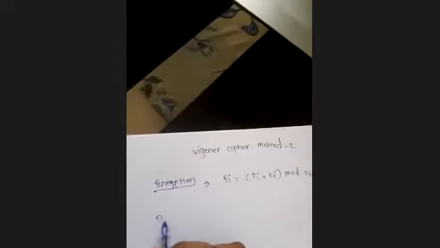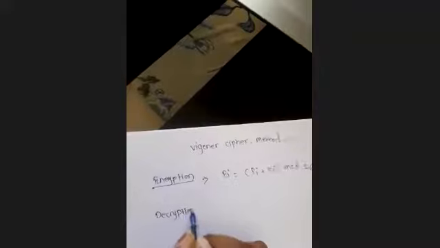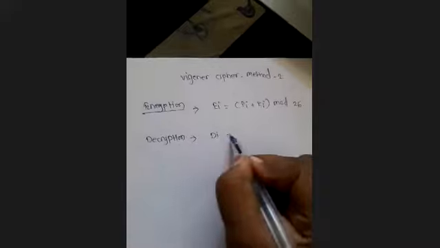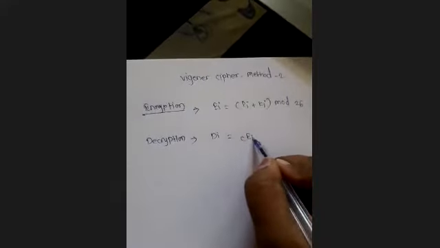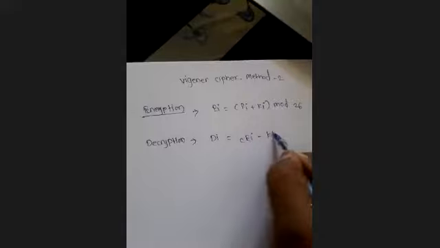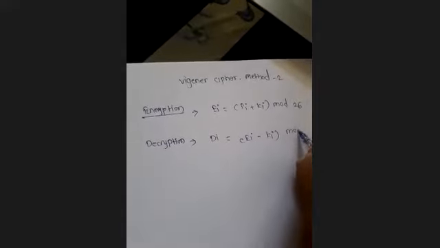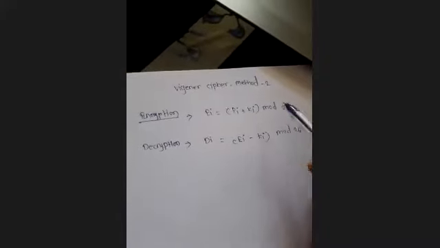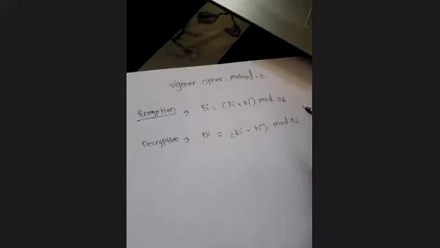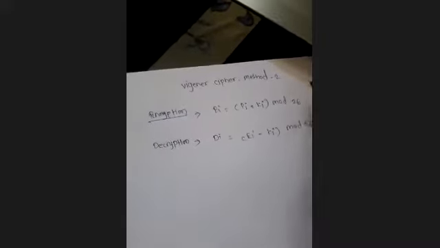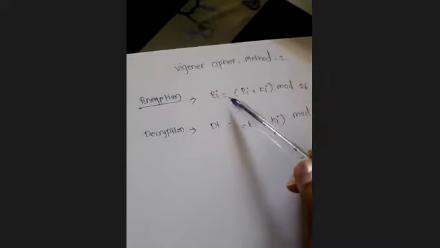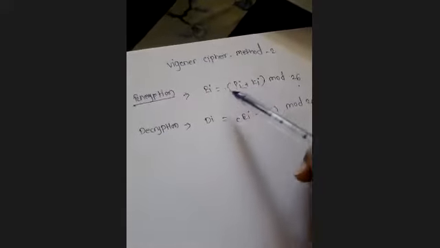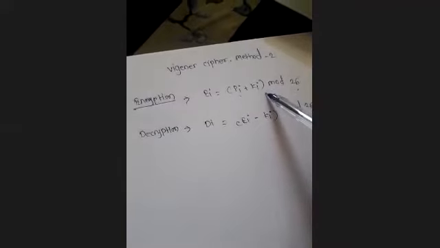Okay, and the formula for the decryption is Di equals Ei minus Ki mod 26. Now, if you don't want to use the Vigenere table or the Vigenere square, then you can go with the formula. The formula for encryption is Pi plus Ki mod 26. This will be used to perform the encryption.